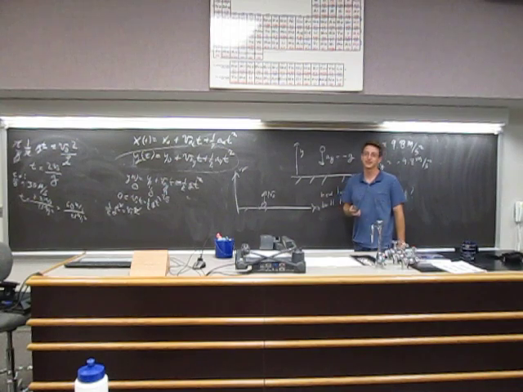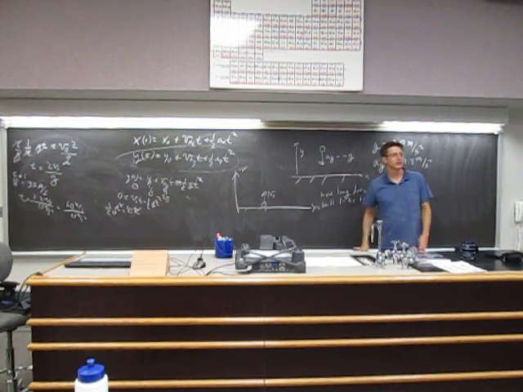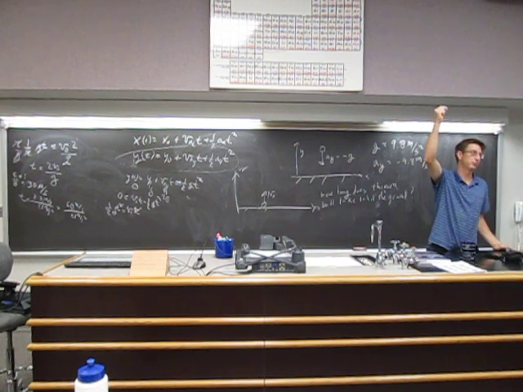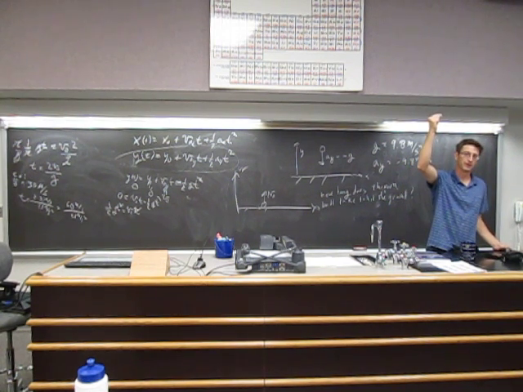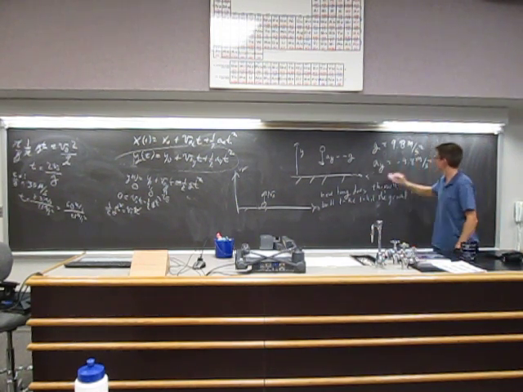What's the peak? So the height. What's happening when it gets up to the top, the highest point that it's going to get to? It stops. Velocity is 0. Velocity in the y direction is 0, right? So that's very good.